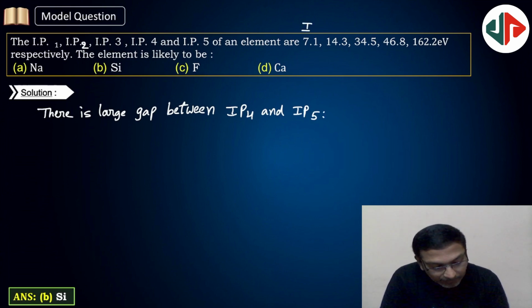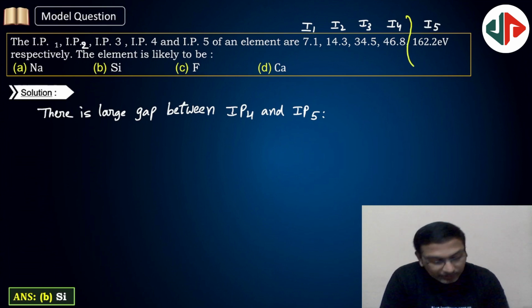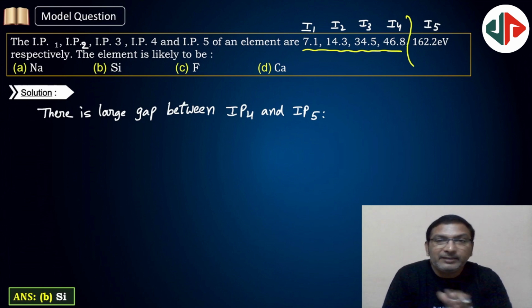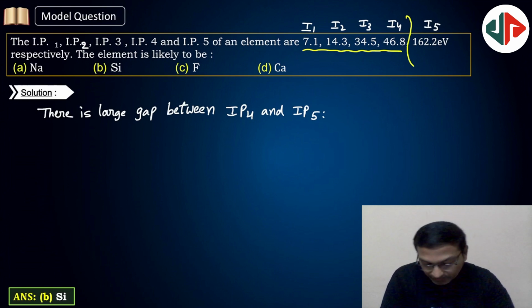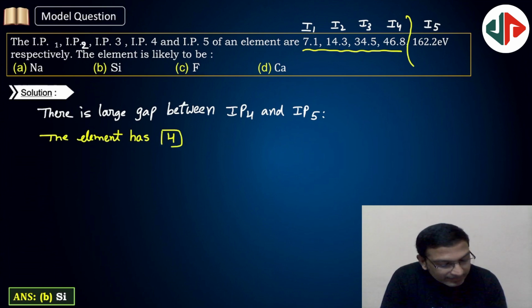So this is I1, I2, I3, I4, I5, with a large gap between I4 and I5. Therefore, the element will have 4 valence electrons. Removal of the fifth electron will be very difficult due to the very large value. Therefore, there should be 4 valence electrons in the given element.